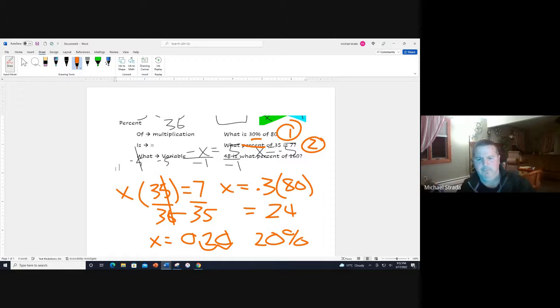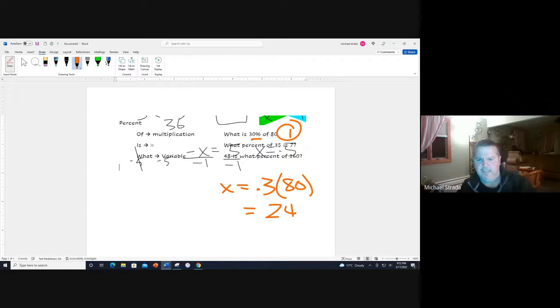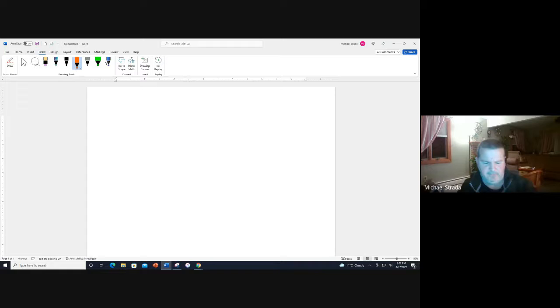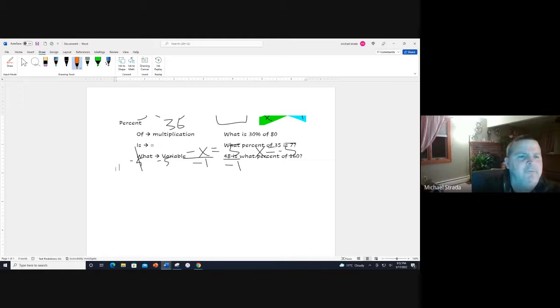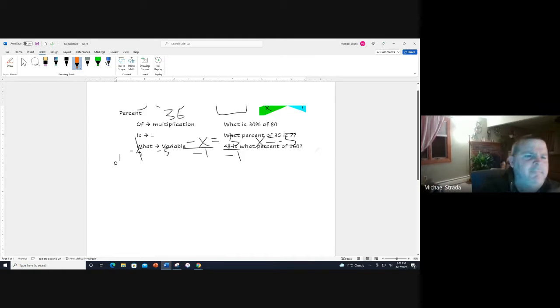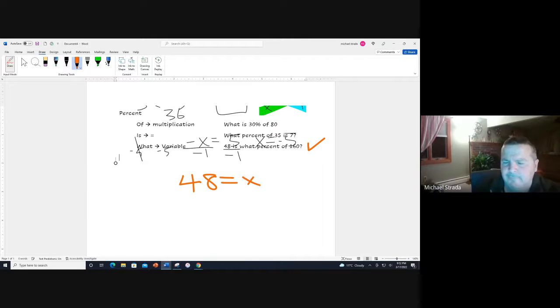And then last up, you see they have 48 is what percent of 160? So we're focusing on this one now. The 48, of course, is 48. Is equals. What, of course, is the x.